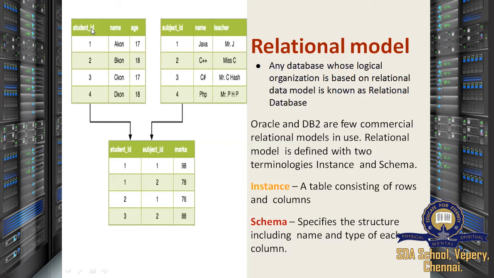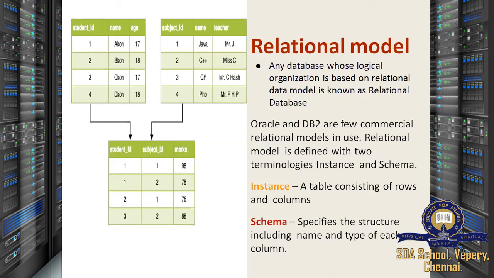Columns can be otherwise called as attributes. Second table, subject ID, name, teacher. These are the three attributes of your second table. Third table, student ID, subject ID, marks.